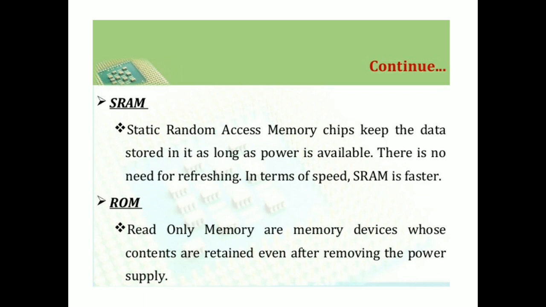Whereas SRAM uses a conventional flip-flop circuit consisting of two cross-coupled inverters to store binary bit 0 or 1. The 6 transistors that make up a flip-flop are needed to form a memory cell of SRAM.